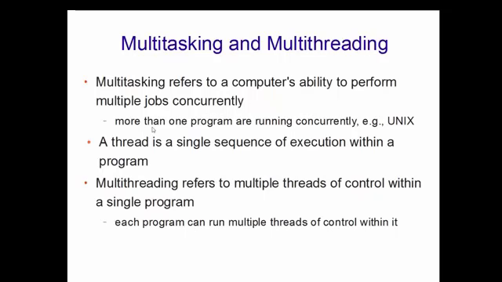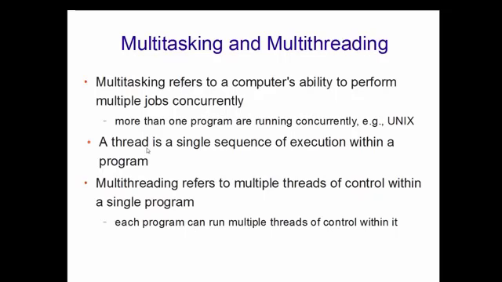For example, your computer can run different processes: you open Google Chrome, you open a PDF viewer, you open some presentation, you want to see a video in some media player. These are all different processes, and the ability of your computer to handle these different processes or tasks is called multitasking, right?